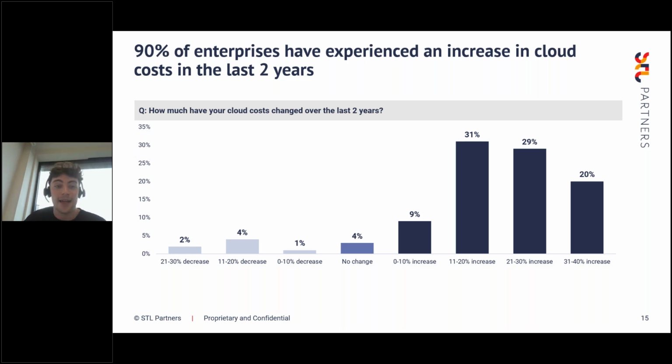Just to restate, enterprises are generating and collecting larger volumes of data than ever before, and that is resulting in increased resource consumption and ultimately higher cloud storage and transfer costs. What maybe we haven't touched upon yet is that cloud providers are incurring substantial costs associated with building and maintaining infrastructures to support their networks.